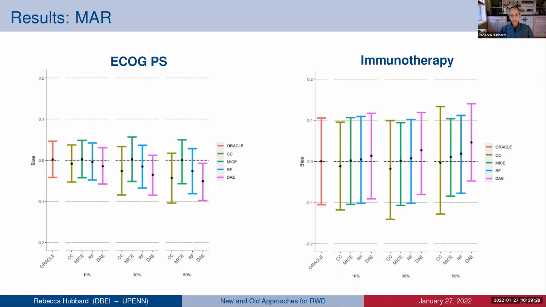And in this simulation, there was more bias in the denoising autoencoders and the confidence interval coverage was worse. In the other simulation with the propensity score calibration, when you got up to the scenario with 70% missingness, the confidence interval coverage for both the multiple imputation and the calibration dropped down to in the ballpark of 90% at the high level of missingness, and it was very similar between the two approaches.